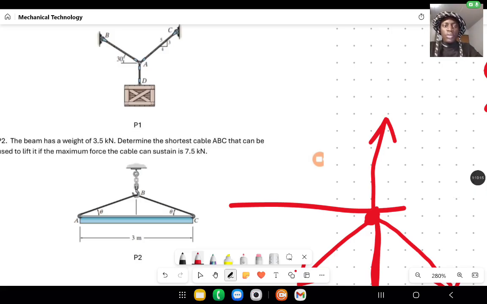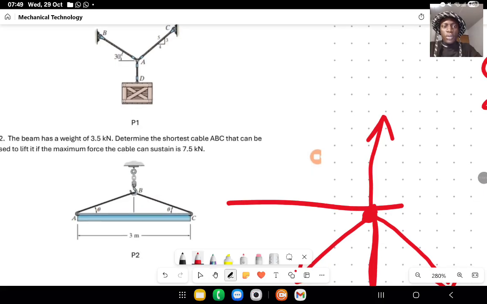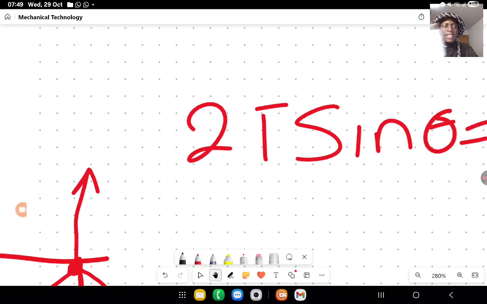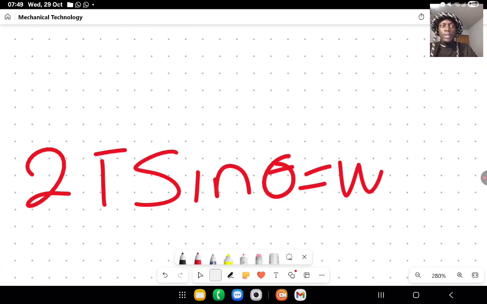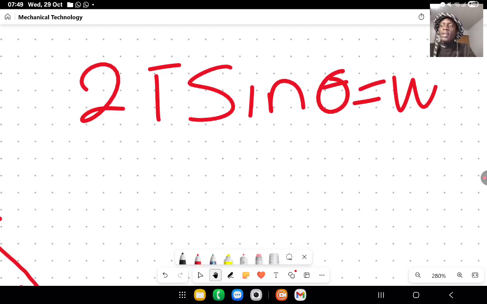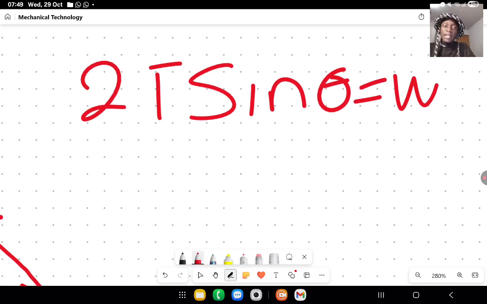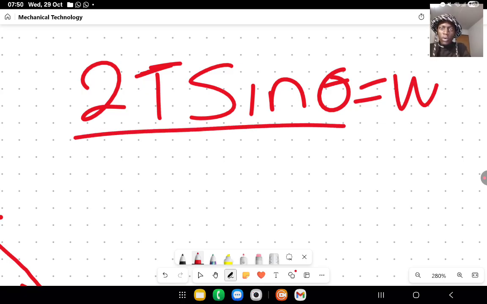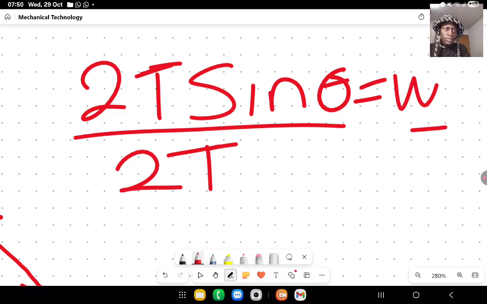As I was saying, as we see that this rope is continuous, we are going to say 2T sine theta is equals to W, because this is the component. Because we are going to make sine the subject of the formula, we are going to divide by 2T.